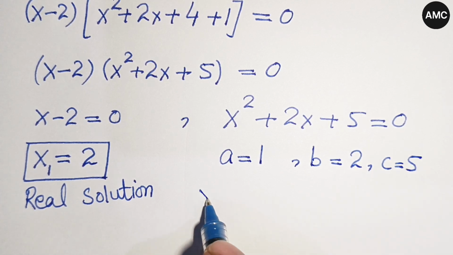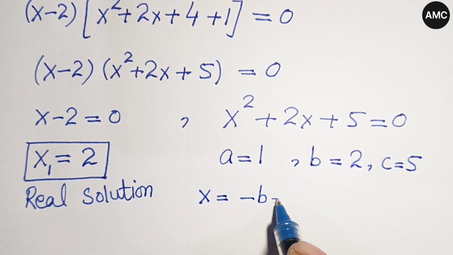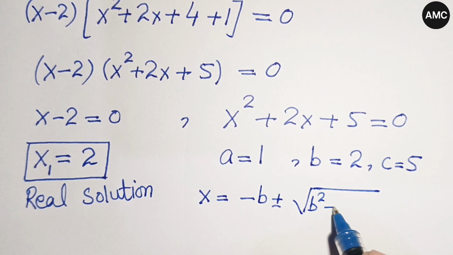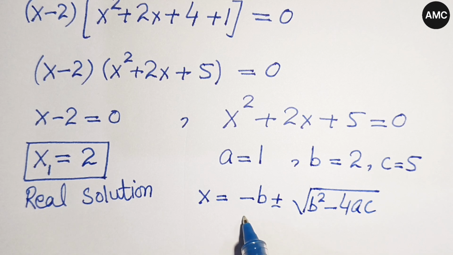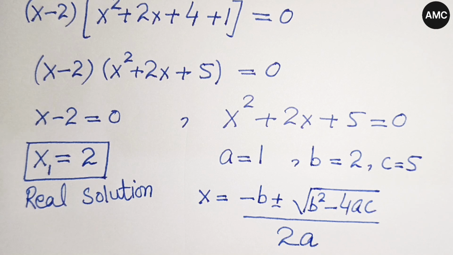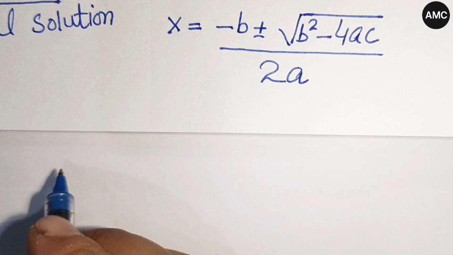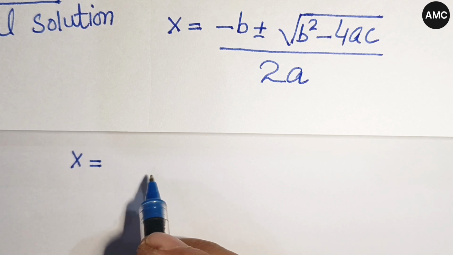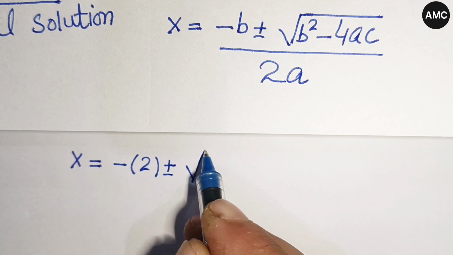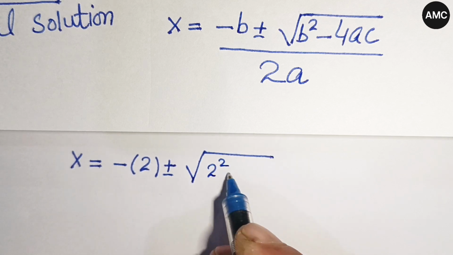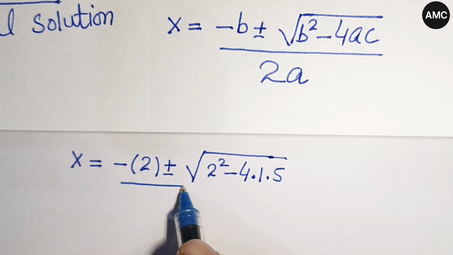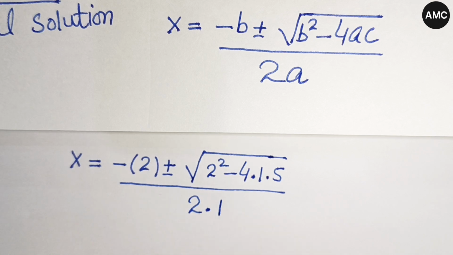Using quadratic formula, which is x is equal to minus b plus minus square root of b squared minus 4 times a times c all over 2 times a. So applying the values of a, b and c, here x is equal to minus 2 plus minus square root of 2 squared minus 4 times value of a is 1, c is 5 all over 2 times a, so a is 1.